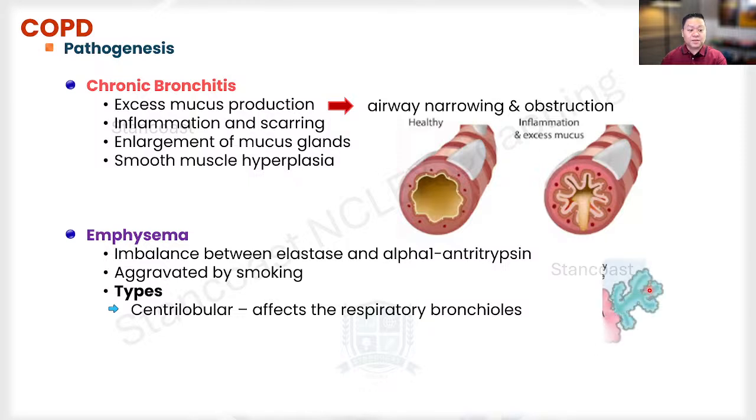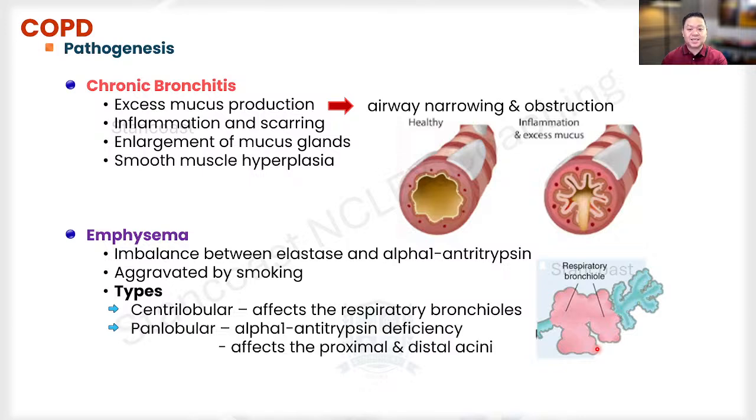So I'm showing you right now where this centrilobular type of emphysema affects. They actually affect directly the respiratory bronchiole. All right, so look at that hyperinflation of the bronchiole itself. That's why it's called centrilobular.